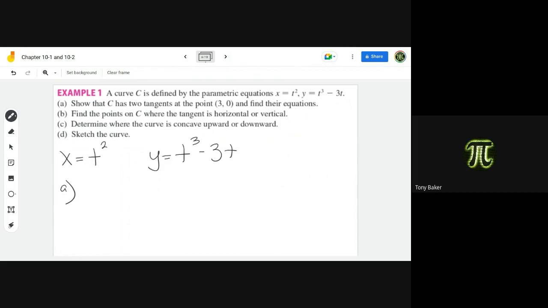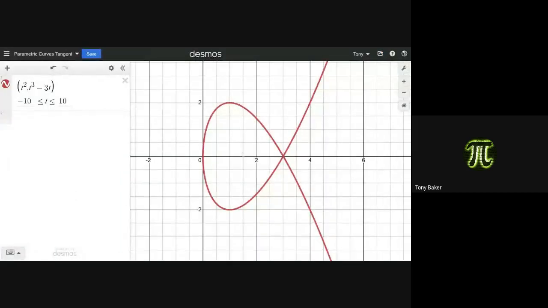So if we look at the graph of this, I'm going to switch back in 1 second. So if we look at the graph, that right there is at 3. Notice how it crosses there twice. They want us to be able to show algebraically or within the derivatives that there's two tangents at that point.